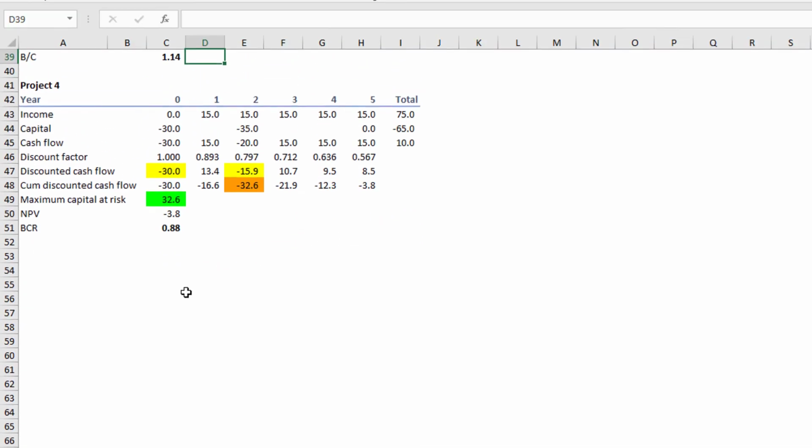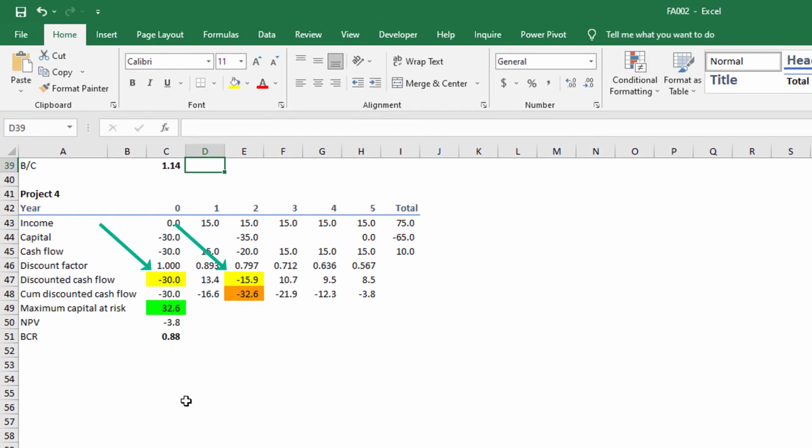And Project 4 offers another variation with negative cash flows in periods 0 and 2 in cells C47 and E47. But with this example, year 1's positive cash flow, that is a positive 13.4 in cell D47, fails to fully offset year 2's value of negative 15.9 in cell E47.